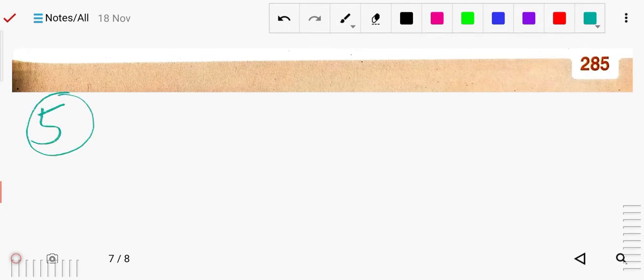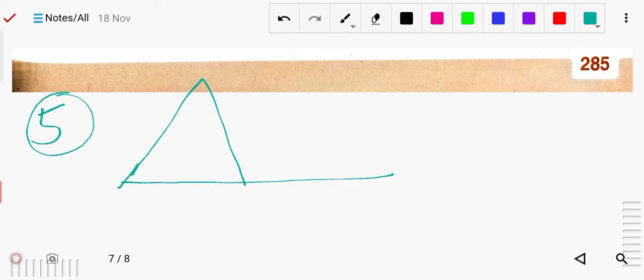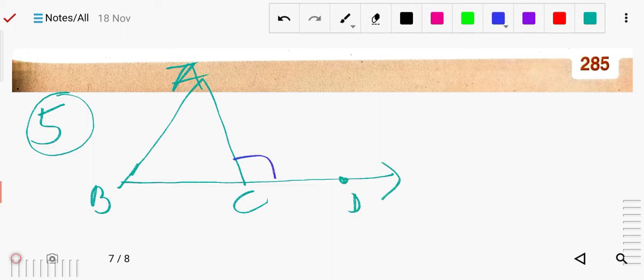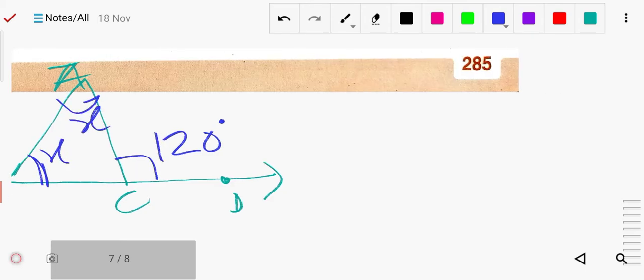There is a triangle, suppose this is A, this is B, C, and somewhere it is D. Now it is given 120 degrees, and it is told that the other two interior opposite angles are equal.